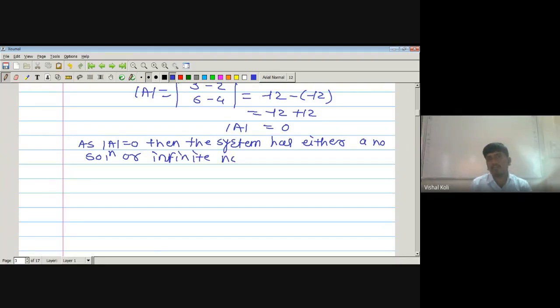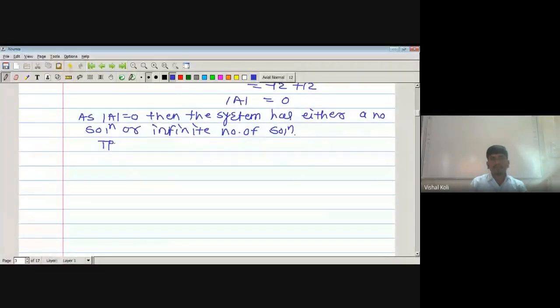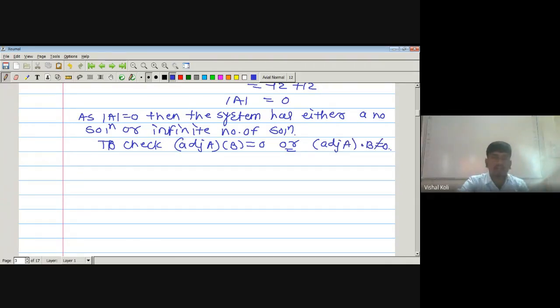Now we have to check whether the given system has no solution or an infinite number of solutions, and for that we require the adjoint of A. So to check whether adjoint of A into B equal to 0 or adjoint of A into B is not equal to 0, find the adjoint first.